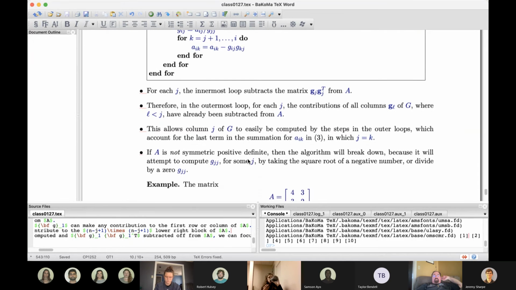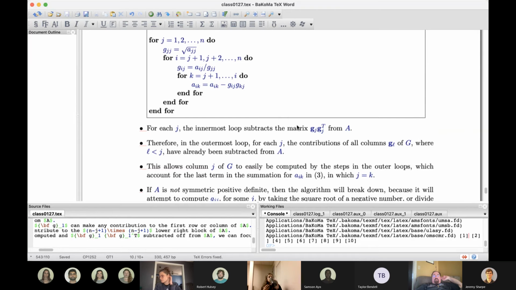Now, suppose A is not symmetric positive definite. One of two possibilities will definitely happen. Either you get a negative entry here and you're taking the square root of a negative number, or maybe a_jj is 0, so you get 0 here and then probably divide by 0 here. Either way, the algorithm breaks down.